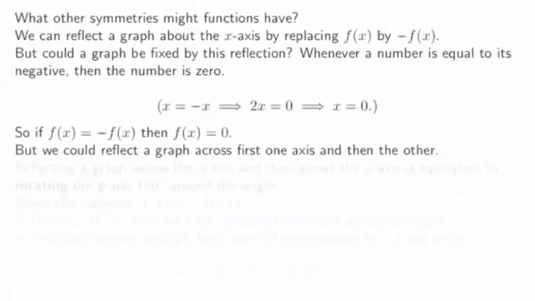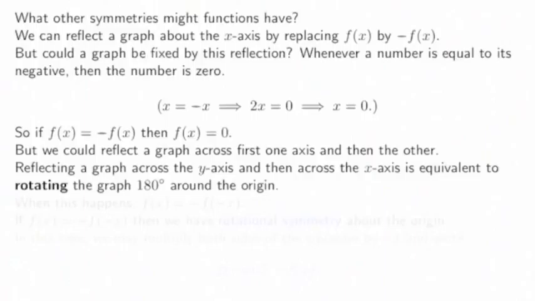But we could reflect the graph first across one axis and then across the other and still have a function. Reflecting a graph across the y-axis and then across the x-axis is equivalent to rotating the graph 180 degrees about the origin. When this happens, f of x is equal to the negative of f of negative x. f of x is equal to minus f of minus x.